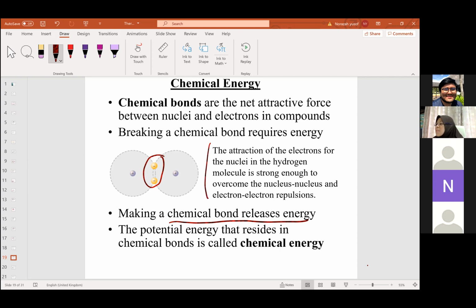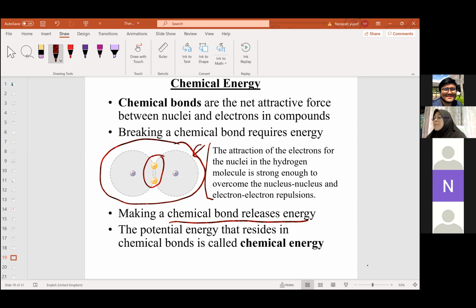So the attraction of the electrons for the nuclei, in this case hydrogen, H2, is strong enough to overcome the nucleus and electron repulsion. Imagine that in order for the hydrogen molecule, H2, to stay as a hydrogen molecule, it requires certain energy to stay there.